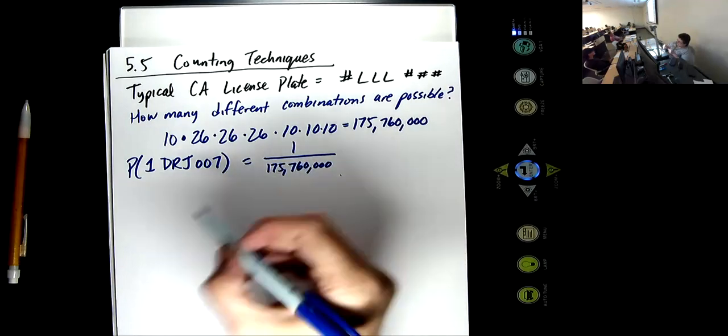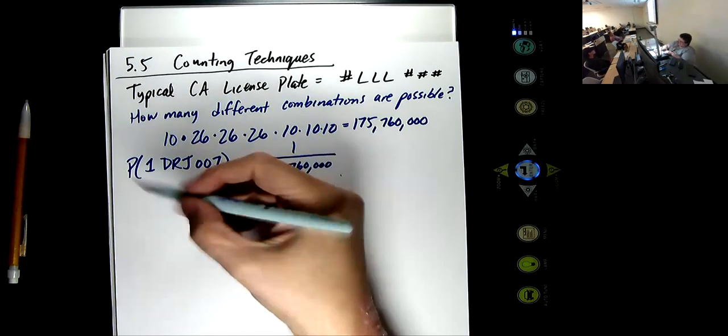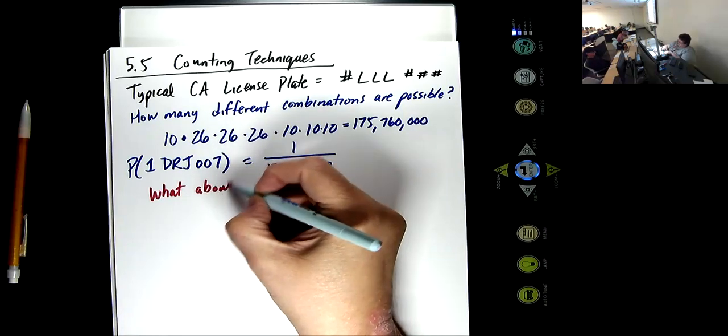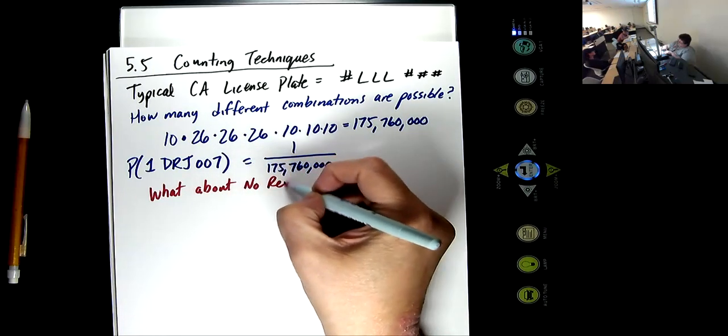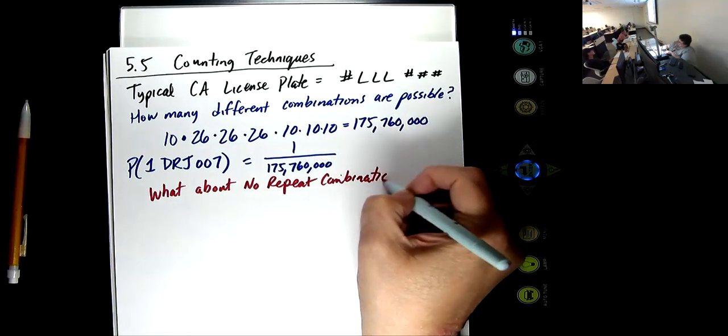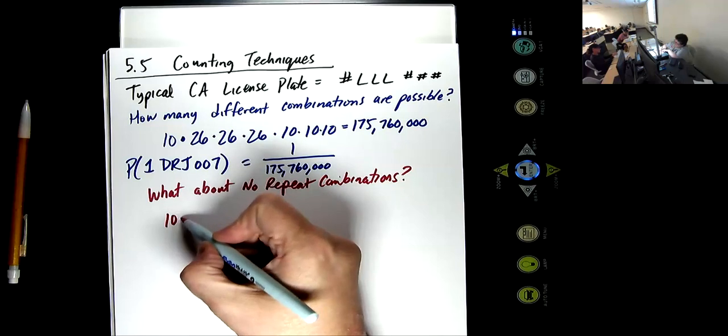That doesn't happen that often, but what about no repeats? What about if we can't have repeats? Well, my first number can still be a 10, 10 different choices.